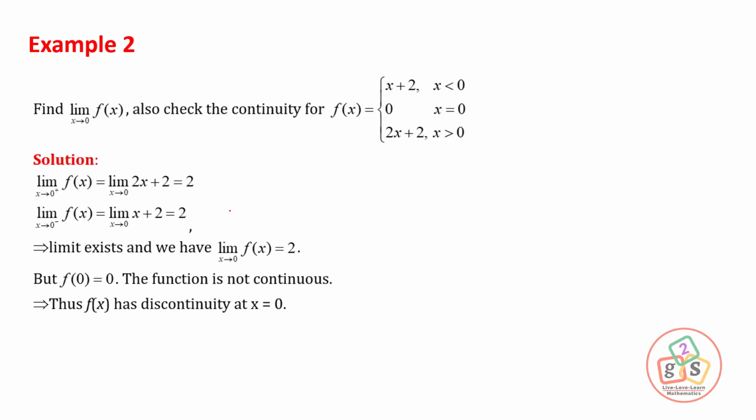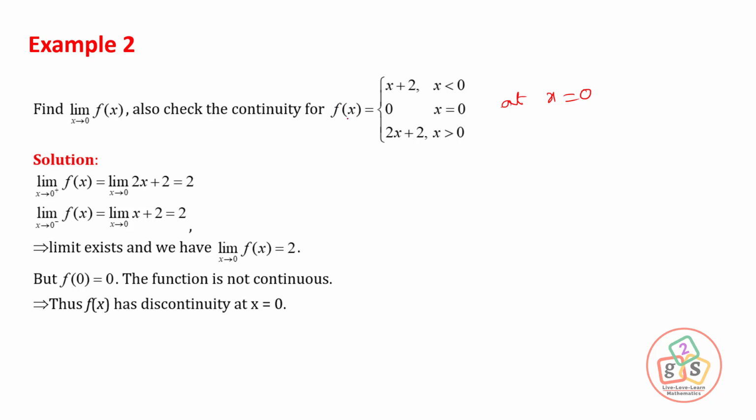Now we see the second example. Find the limit x tends to 0 of f of x. Also check the continuity for f of x at x is equivalent to 0.